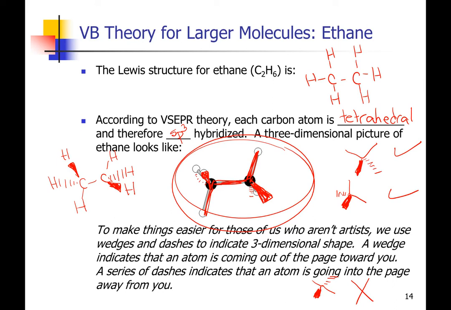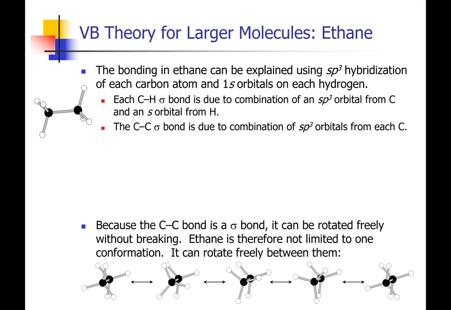And after that deviation, let's go back to valence bond theory. So we've established that each of the 2 carbon atoms is sp3 hybridized, and that means they will each have 4 sp3 hybrid atomic orbitals. The valence atomic orbitals for the hydrogen are, of course, the 1s orbitals, so those are the orbitals that we'll be combining to make the bonds.